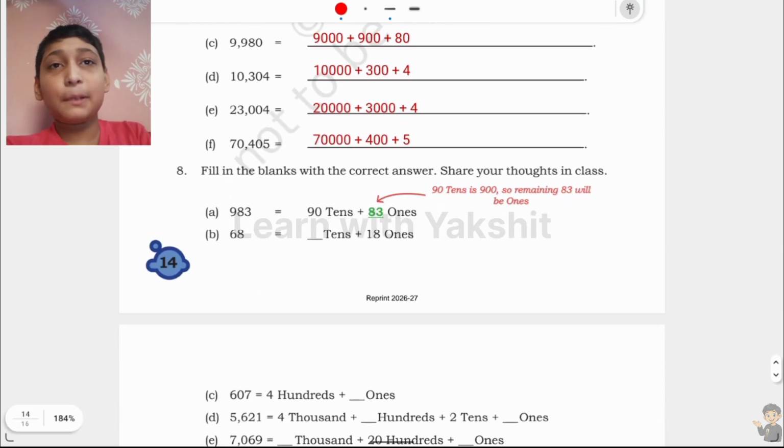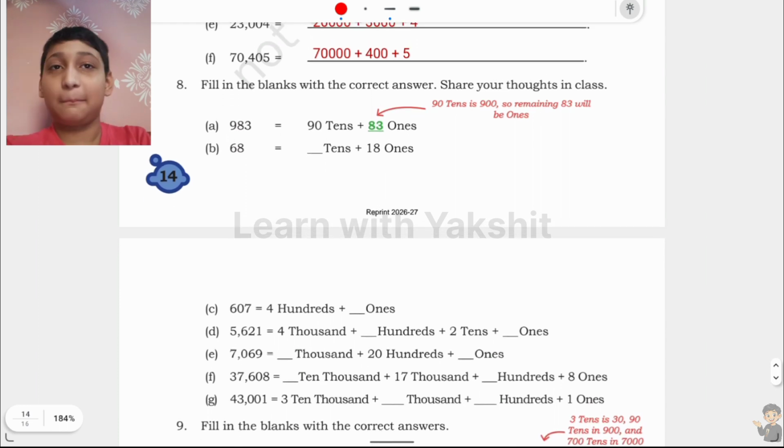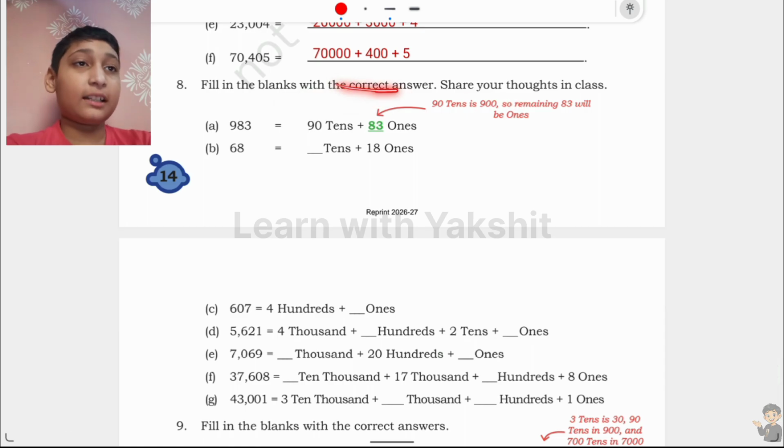Now, here is a bit confusing part that most 5th standard students get stumped on. Fill in the blanks with the correct answer. Share your thoughts in the class. Now, here's one example: 983, which is 90 tens, okay? But they should be hundreds, right?